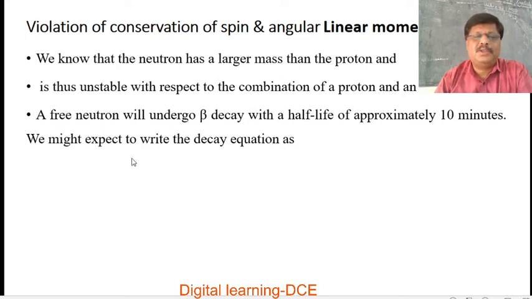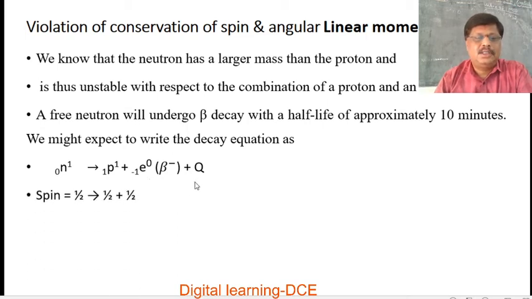We might expect to write the decay equation as the neutron being converted into a proton and an electron, that is, beta minus decay with the release of energy. So in this reaction, we will see whether the spin and spin angular momentum is conserved or not.